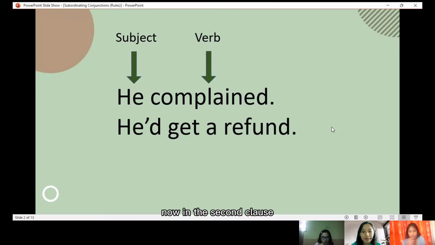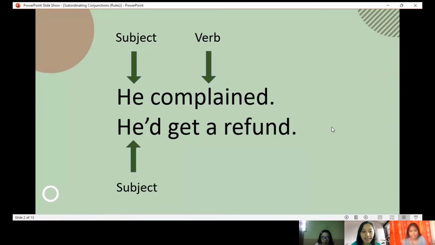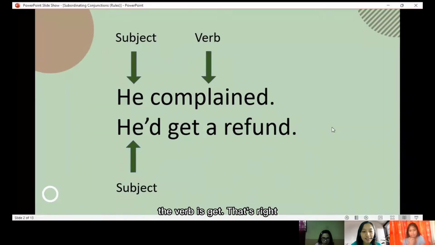Now, in the second clause, what is the subject in it? Rian? I think the subject in the second clause is he. Okay, that's right. How about the verb? The verb is get.